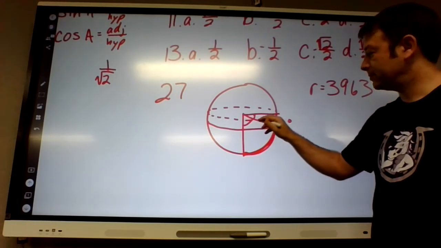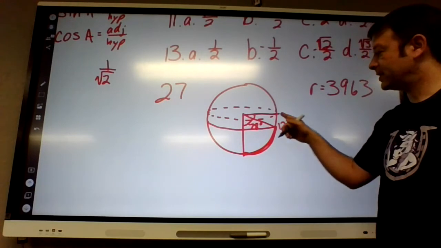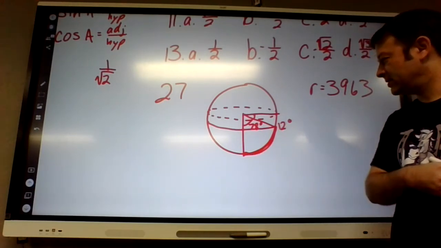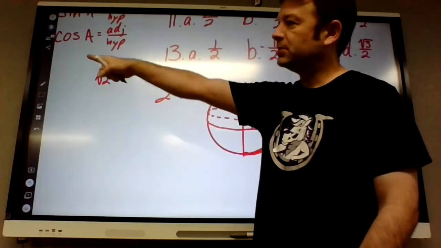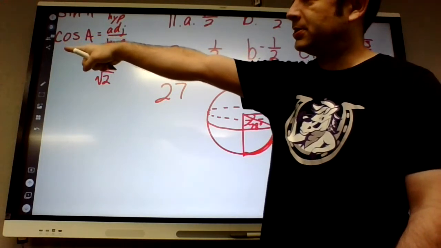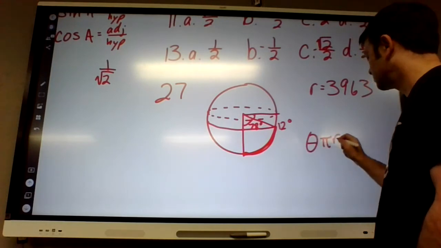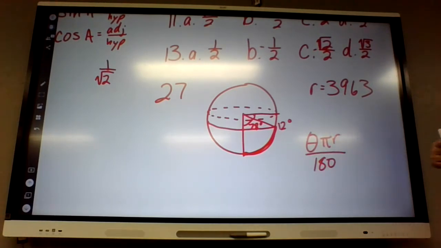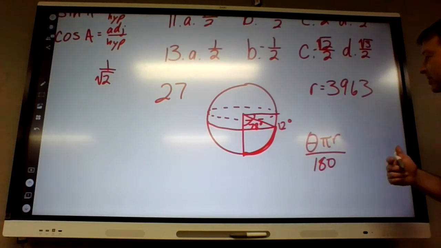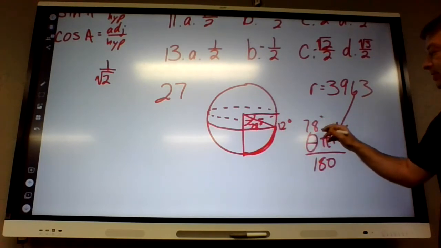So from Lima down to the South Pole, that would be 78 degrees, because they have to add up to 90. And it says the radius is 3963, so arc length, degrees, theta pi r over 180. Basically, it's the circumference formula times pi over 360 is how we got this. So that goes right there, 78 degrees goes right there.